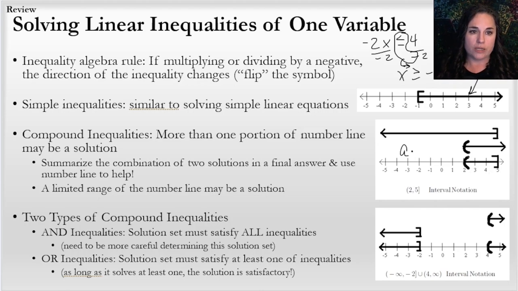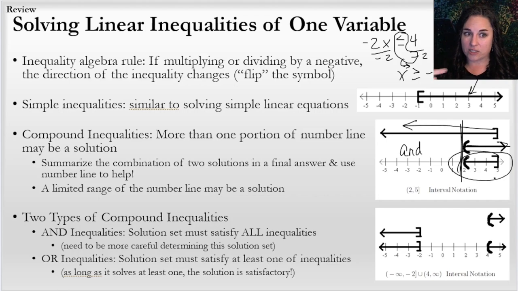So this would be an and situation, where you want a value that solves both this f and this g, and so that would be down here. F can take on all of these values, g can take on all of these values, and if you want the solution set that fits both f and g, you have to choose that last option on the number line.